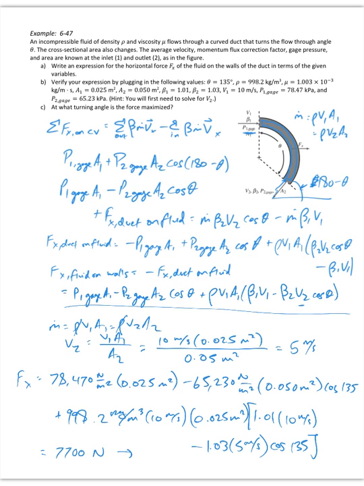Another way of thinking about it is by just looking at the equation and seeing that if theta is 180 degrees, we're going to wind up with basically twice the linear momentum, or I should say adding our linear momentum terms.